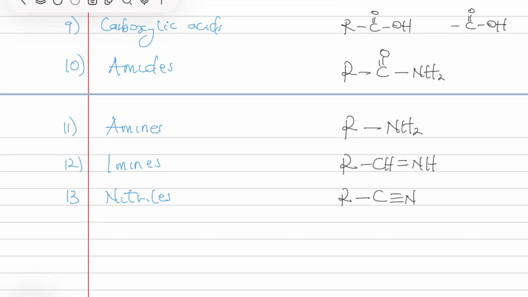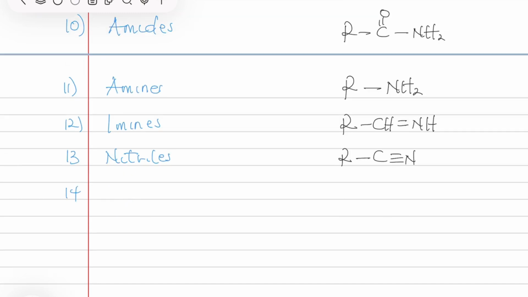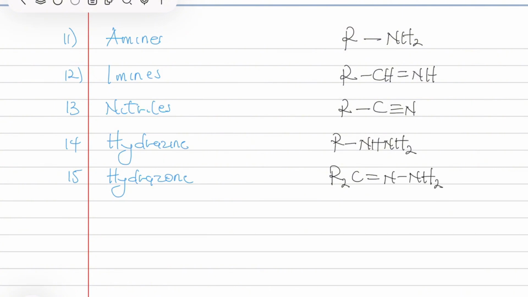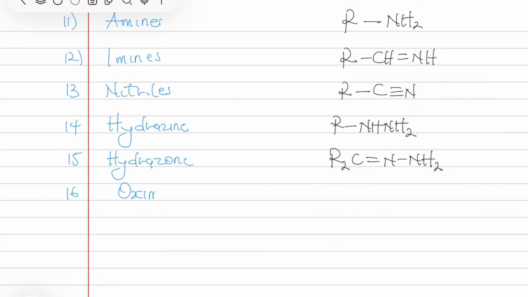Their functional group is C triple bond N. We have the hydrazine, and their functional group is NH2. Then we have the hydrazone, where their functional group is C double bond N, NH2. We have the oxime, where their functional group is C double bond NOH.